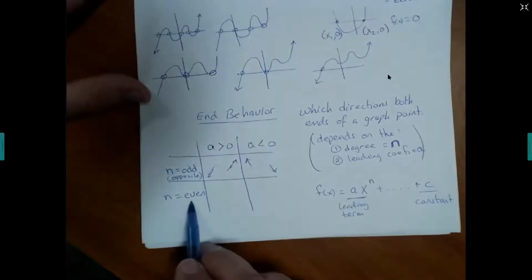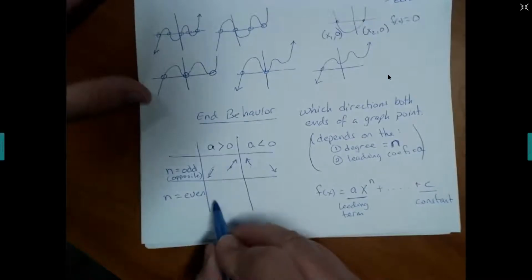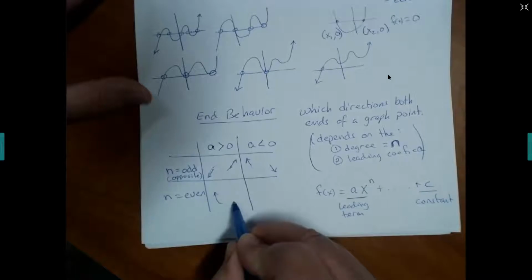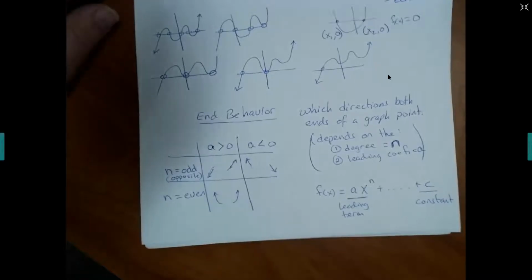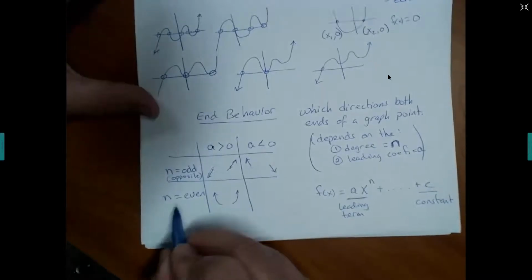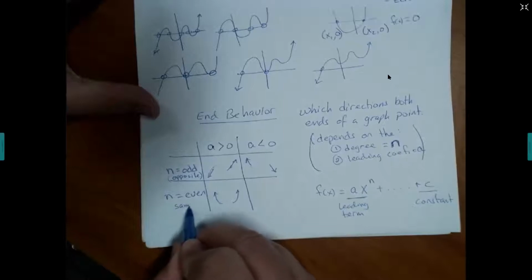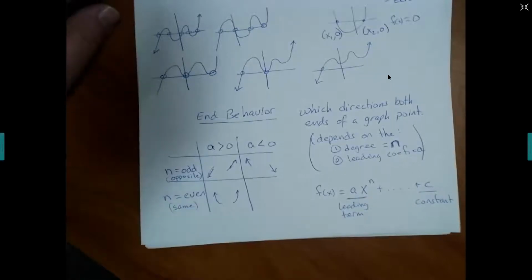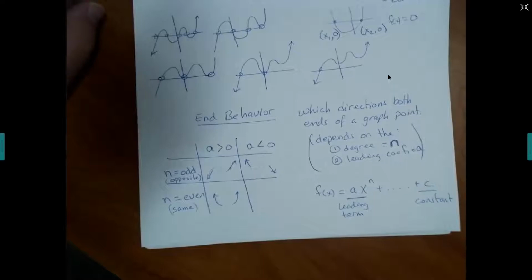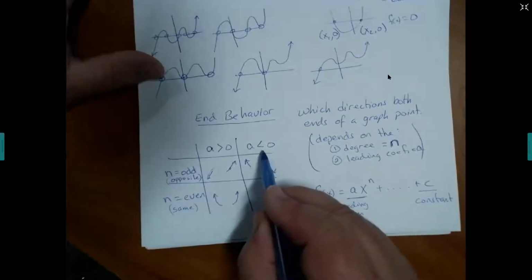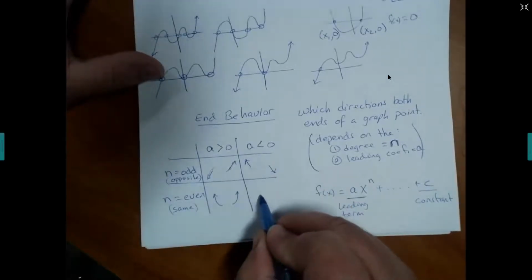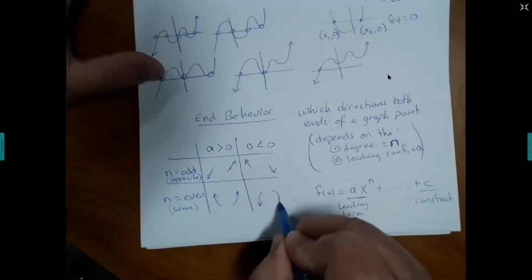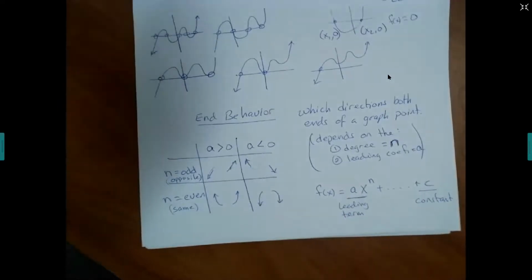If n is even and A is positive, then both of the end behaviors point up, the same direction. And if there's a negative coefficient, then they point down. And that's all by looking at the first part of the polynomial, the largest exponent.